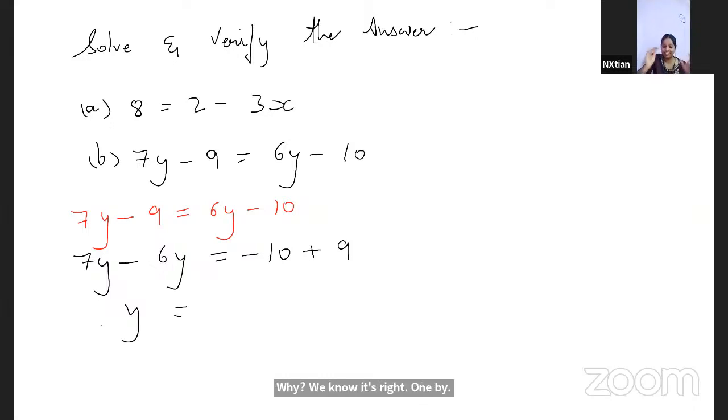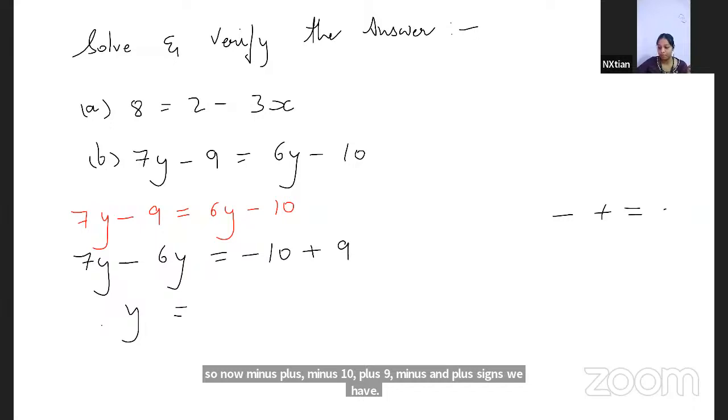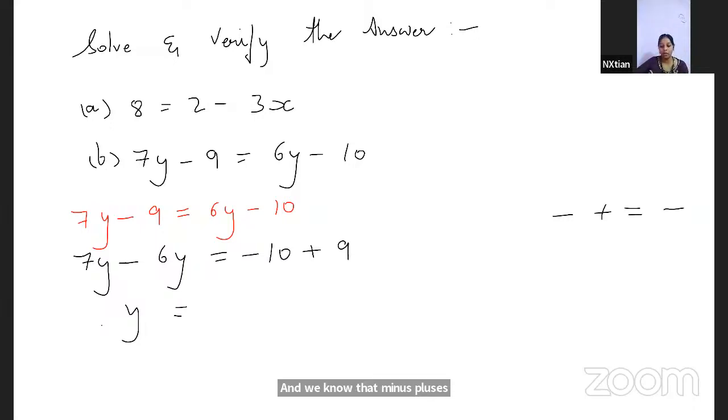Now, minus 10 plus 9. Minus and plus signs we are having. And we know that minus plus is minus, so we subtract. From 10 we subtract 9, we will get 1. Excuse me, ma'am, what sign do we put? Minus. We use the sign of the bigger number always, so we put minus before 1.